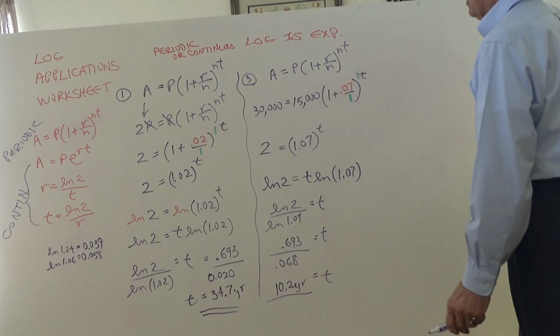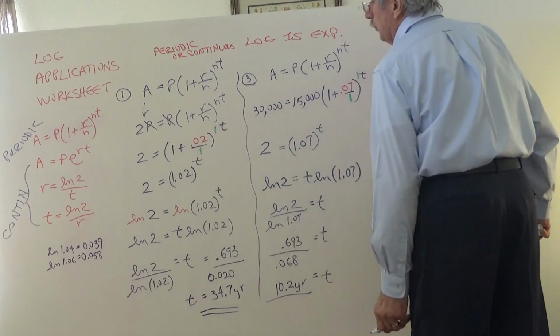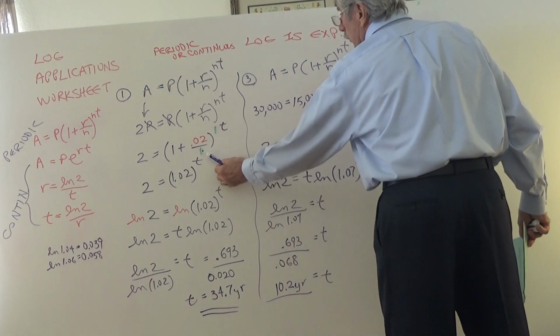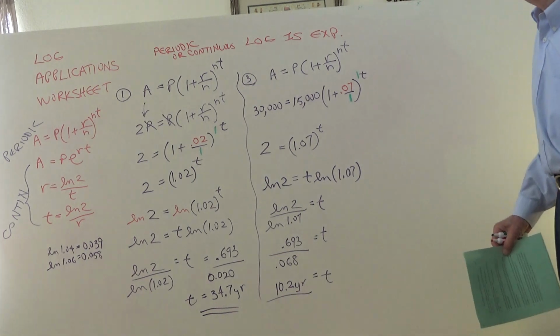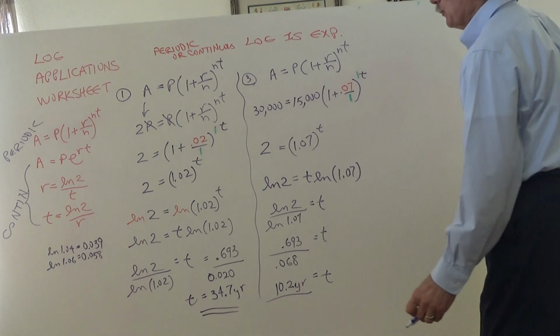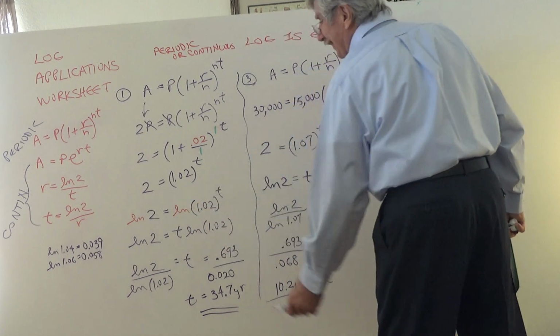Meanwhile, I change the rate, which was given as 2%, to 0.02. We're told that this is annual, so n is 1, the number of times per year. Basically we're looking at this then: 2 is equal to 1.02 to the t.